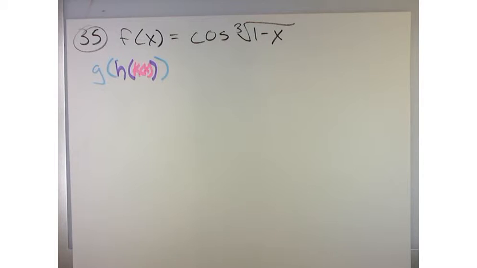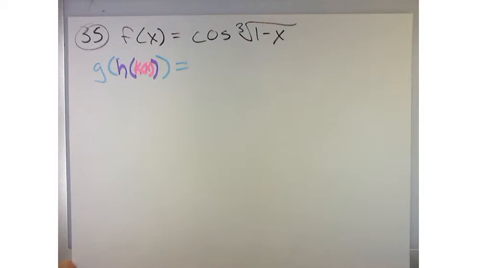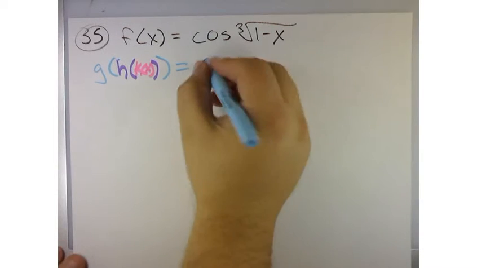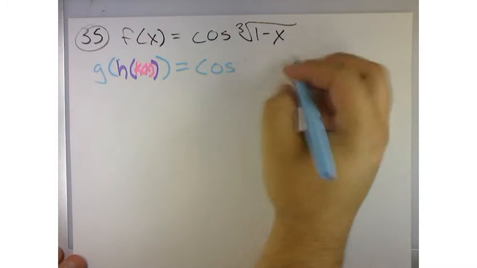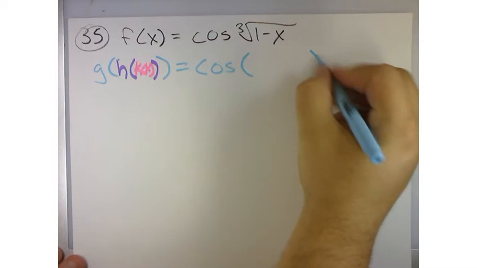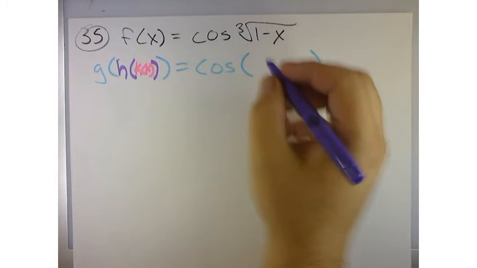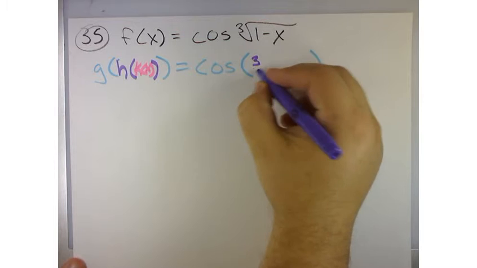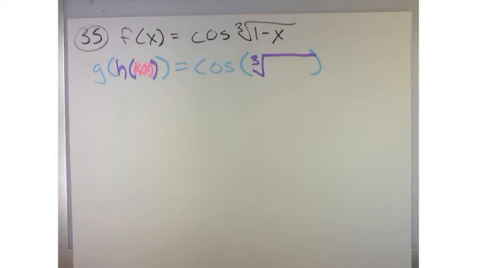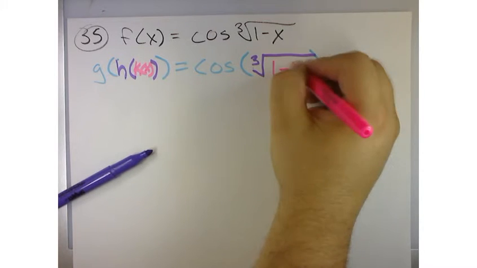So my first thing would be, what is the outermost function? There's really three functions listed in here. Cosine of x. So I would say cosine of, and then I'm going to put these parentheses. And then the cube root of x. Okay, so then I would have the cube root of some stuff, and then 1 minus x. Good. You guys seem to get the hang of this.